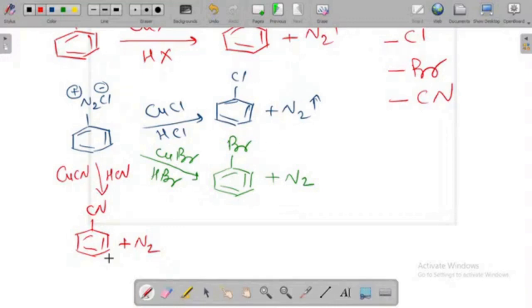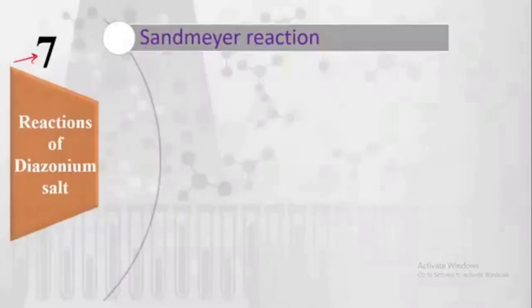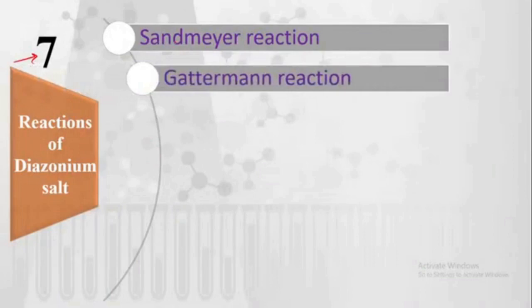Okay, we'll see the next reaction. The second reaction is the Gattermann reaction. Let us see what this Gattermann reaction is.